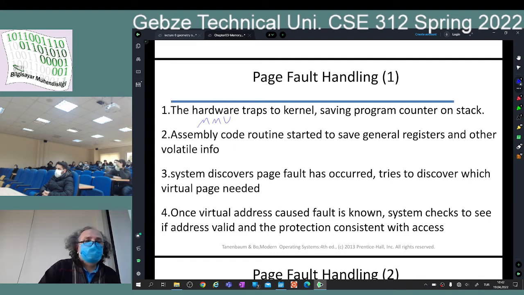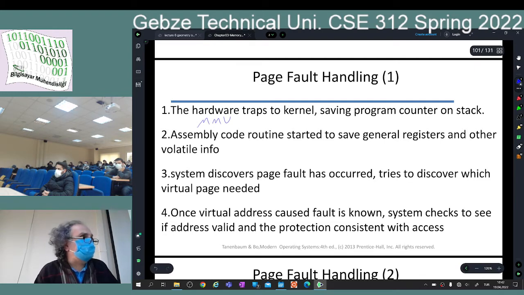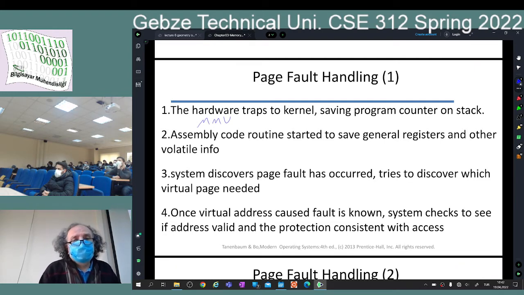So I am checking that. If I see that the address is not valid or there is a protection problem, then the operating system enters a mode that says there is a segmentation fault or an access privilege problem, etc. Usually that results in the termination of the process causing this problem.